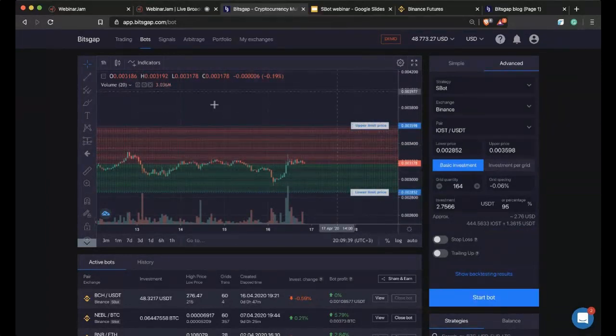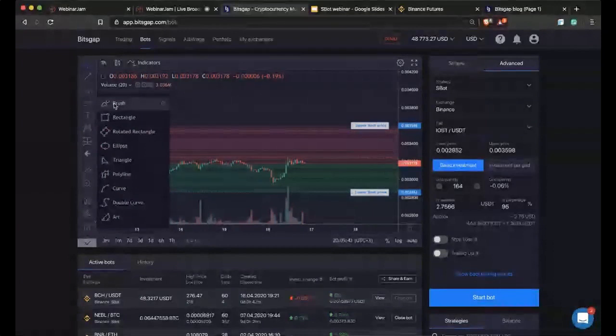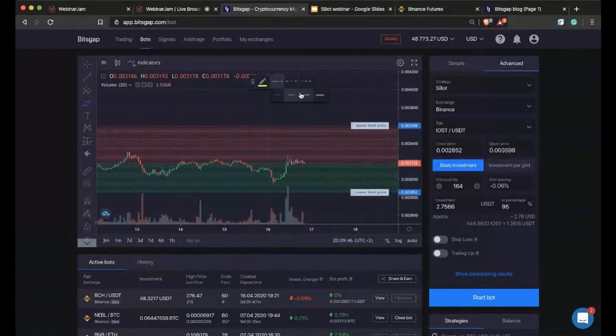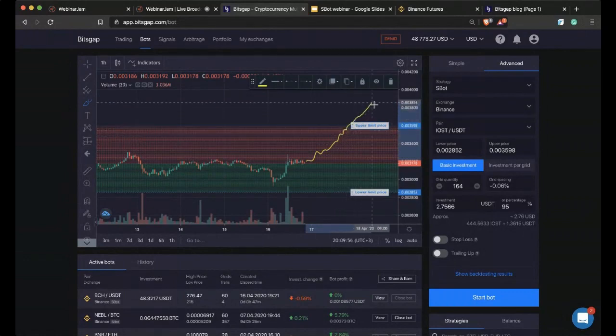If the price moves upwards and goes far above the upper limit, in this case your bot won't be executing any trades anymore because the price is now above the trade range.